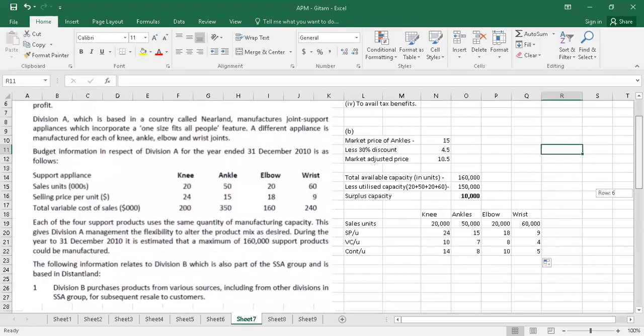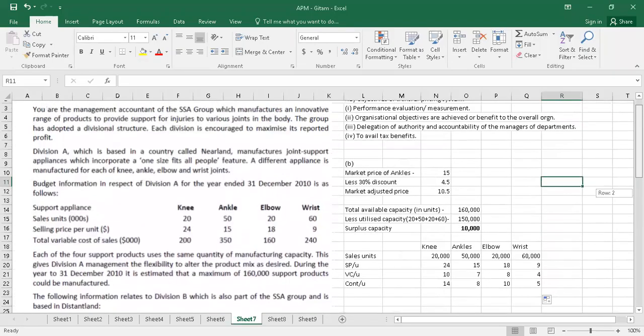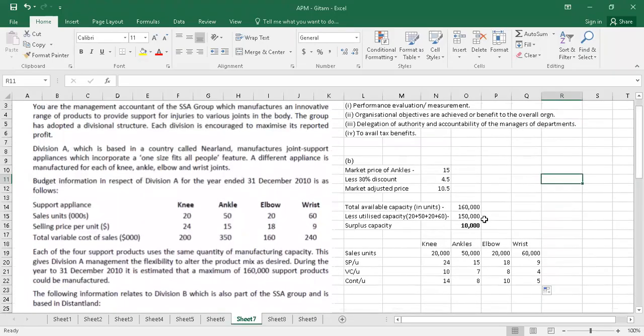If we talk about the first quotation, 10,000 capacity, they do have that surplus capacity available. If they take the first quotation and charge 10.5, it is also appropriate. They still will be making a profit because the variable cost is 7.